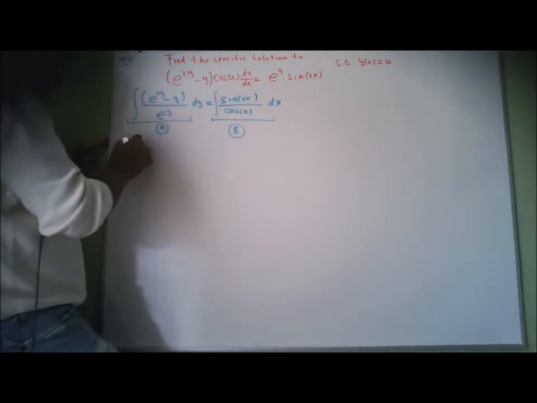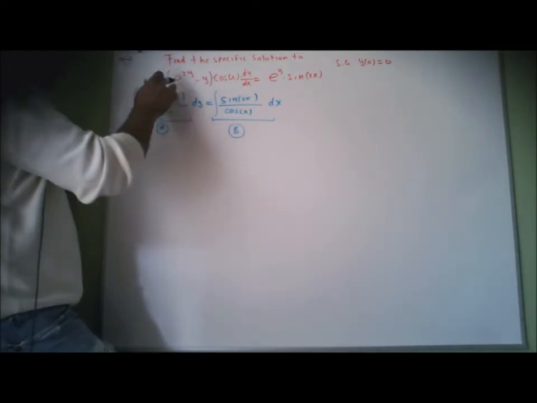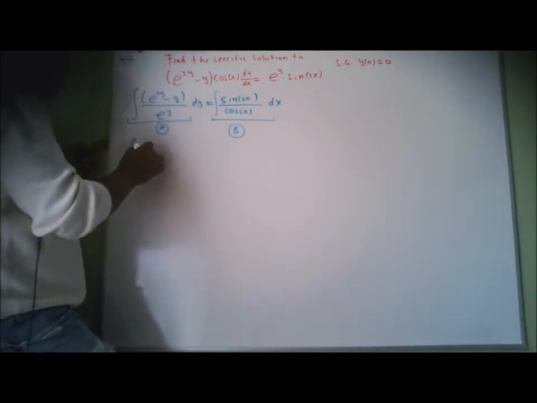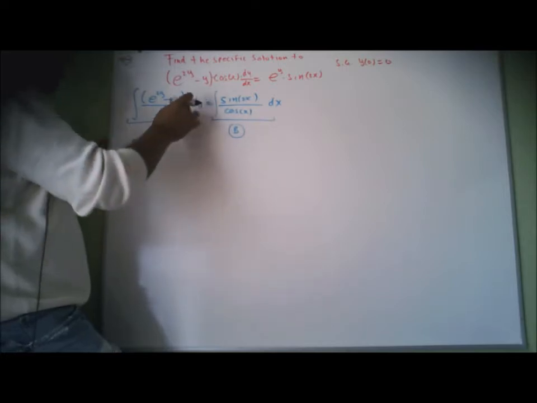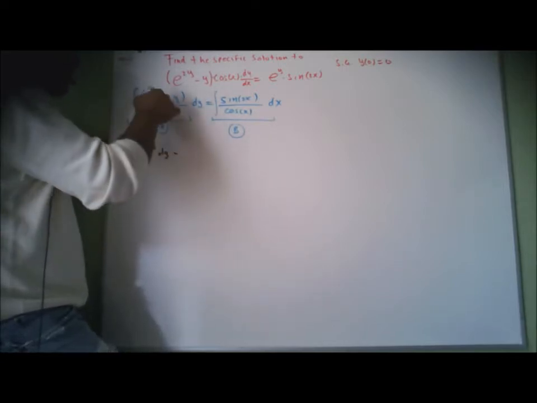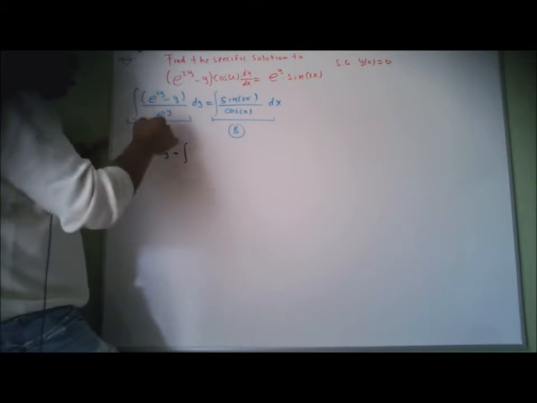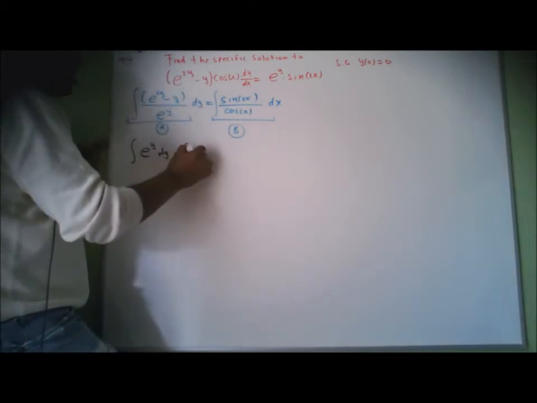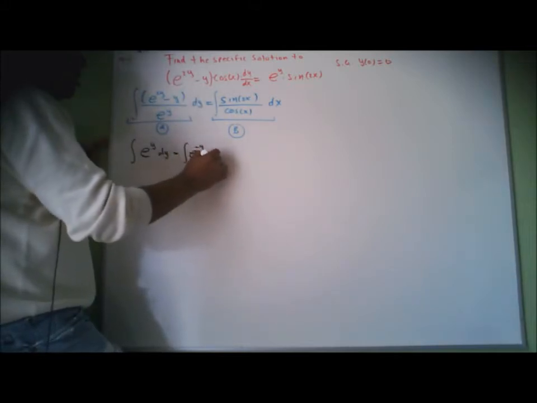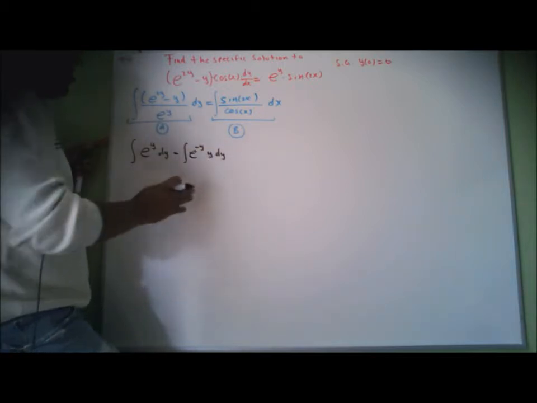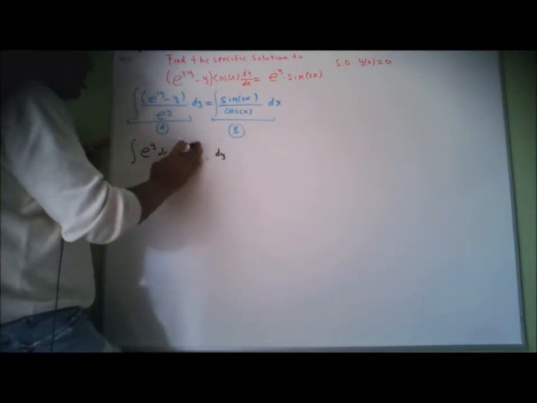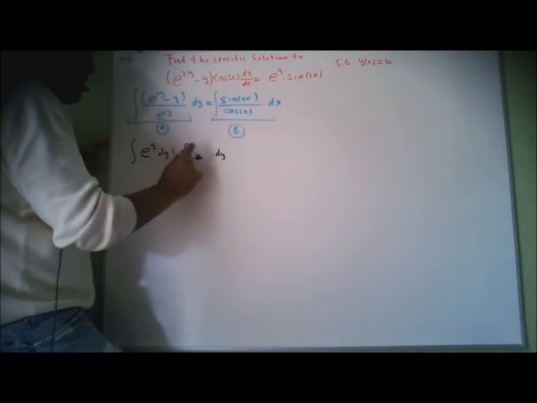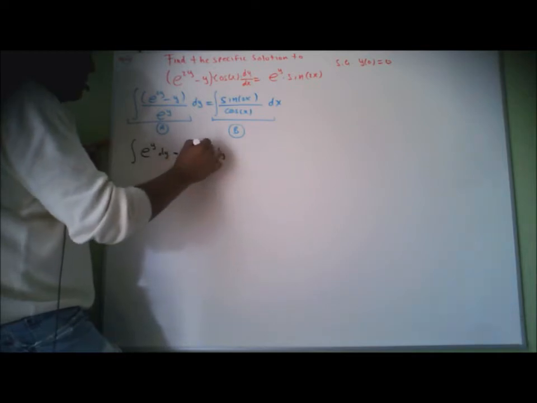This integral is going to be the integral of exponential of 2y divided by the exponential of y, which is exponential of a single y, differential of y, minus the integral of the numerator exponential of minus y, y differential of y. I'm going to write first the exponential of y, and then the exponential of minus y.